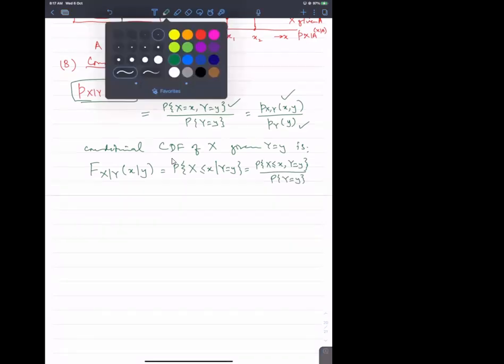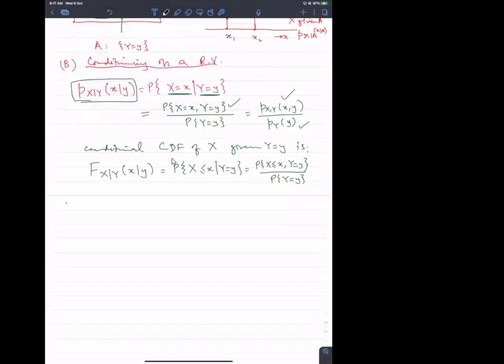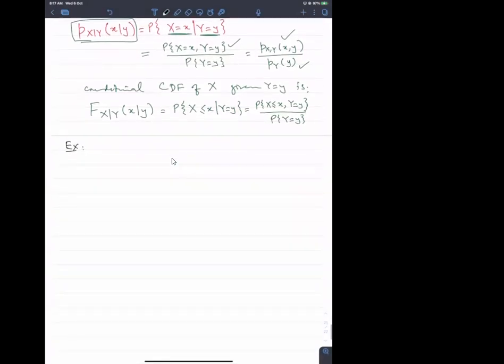So we'll do an example. Let's do an example. Simple example. So let's say you are given the joint PMF. The joint PMF is given to you, okay? And in the joint PMF, you have two random variables, X and Y, and X takes the value 0 and 1, Y also takes the value 0 and 1.